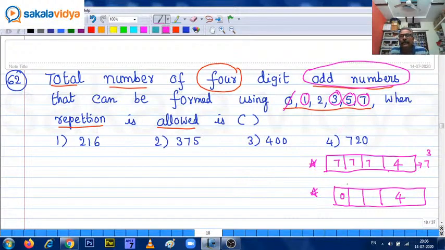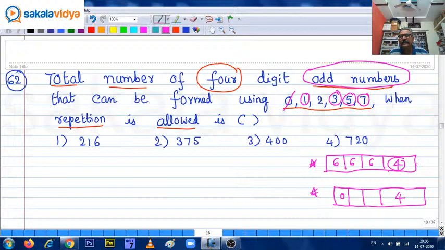Sorry, I made a mistake. One minute, I will check once again. 1, 2, 3, 4, 5, 6. Sorry, 6 ways only: 6, 6, 6.